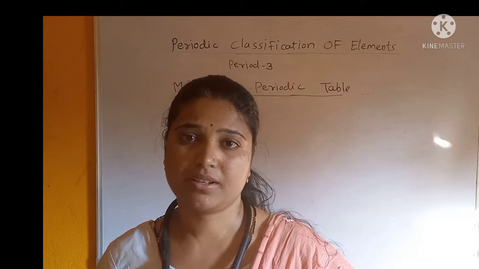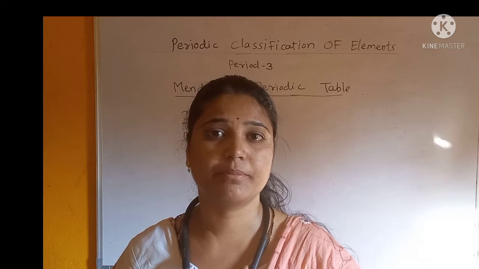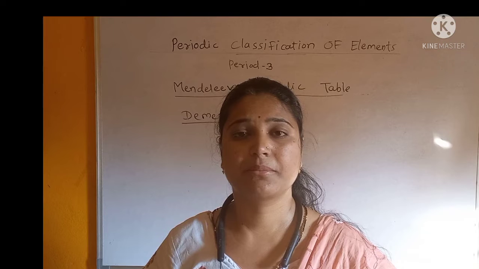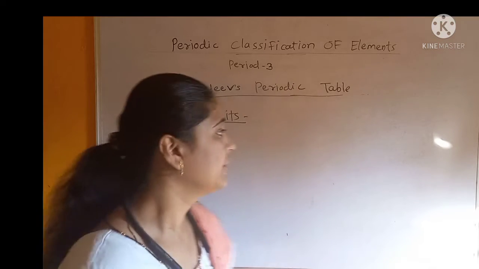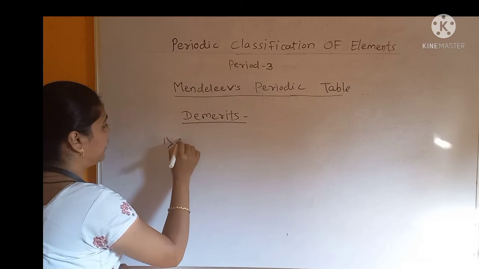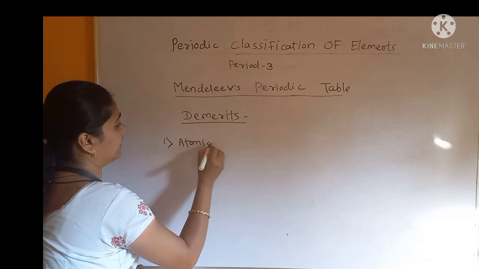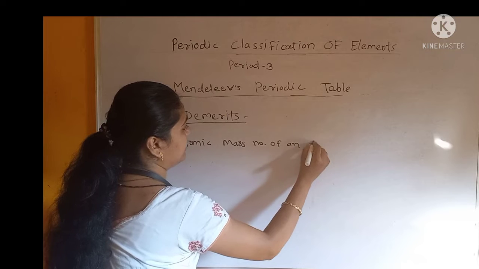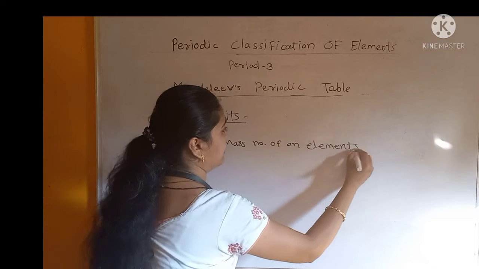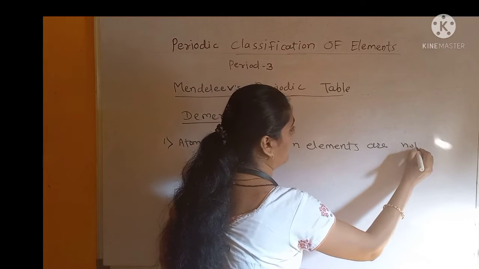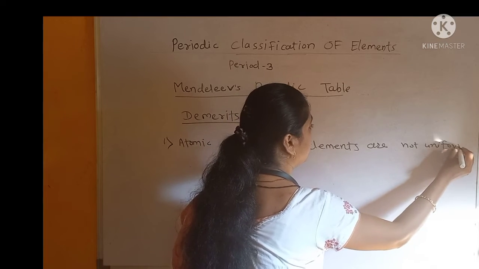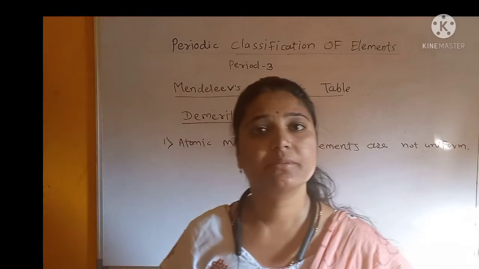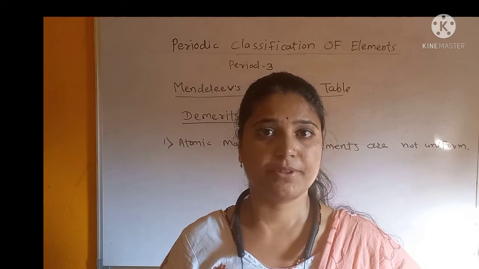It is the first demerit of Mendeleev's periodic table: the atomic mass numbers of elements are not uniform, and hence there is ambiguity regarding their atomic mass number.